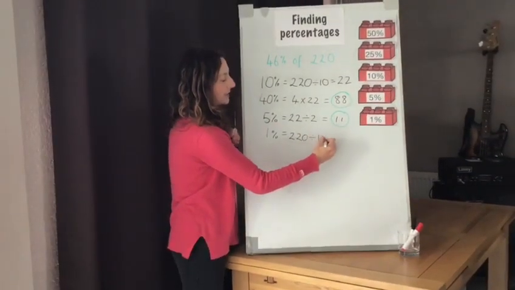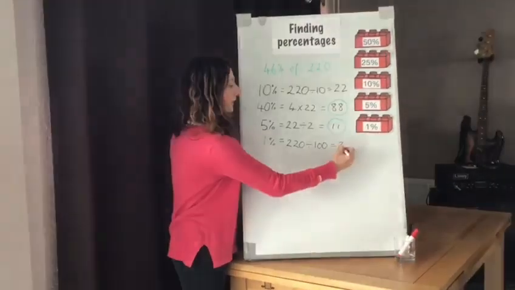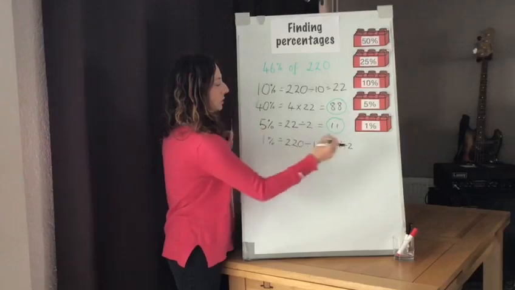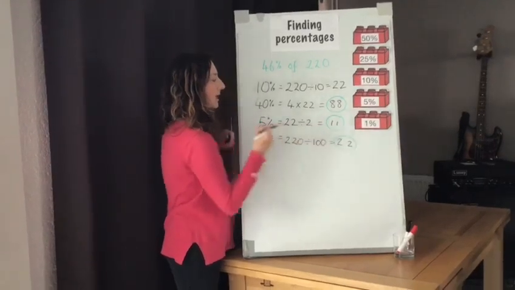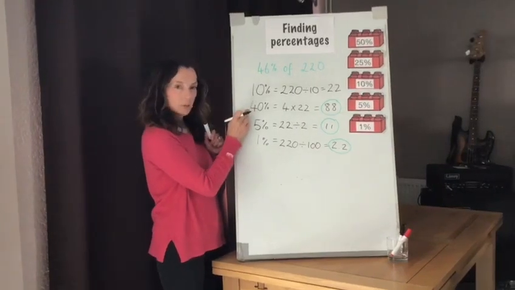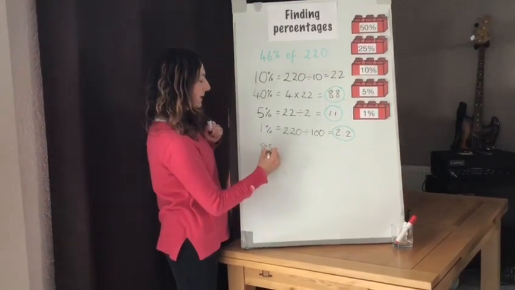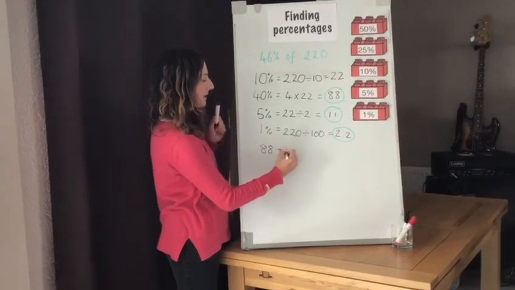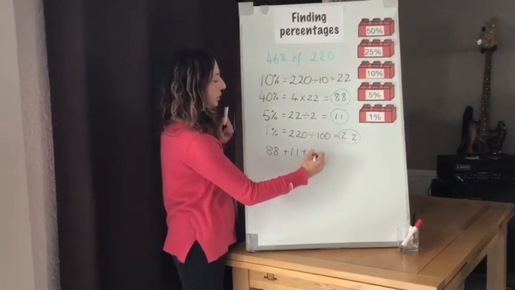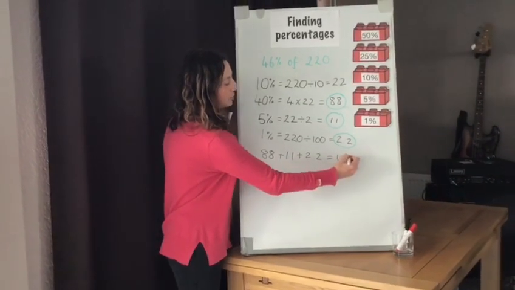Again, using place value, moving our digits 2 places to the right gives us 2.2. So now, to get our 46%, we need to add together our 40%, our 5% and our 1%. So we have 88 plus 11 plus 2.2, and that gives us a total of 101.2.